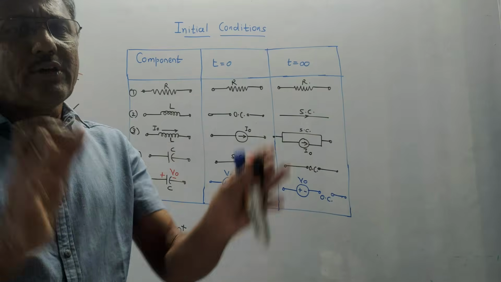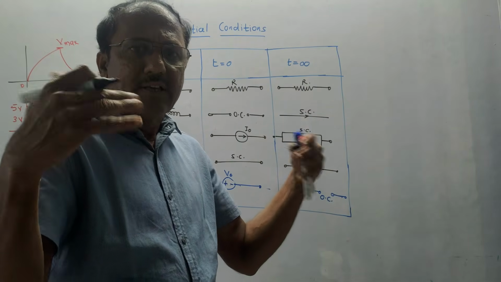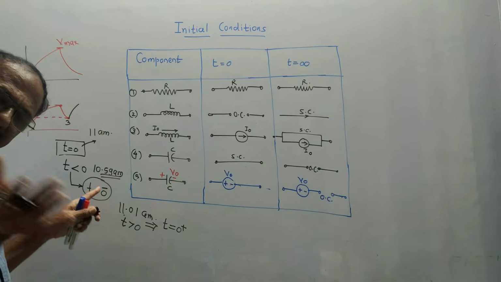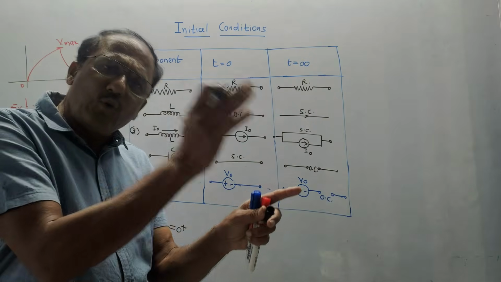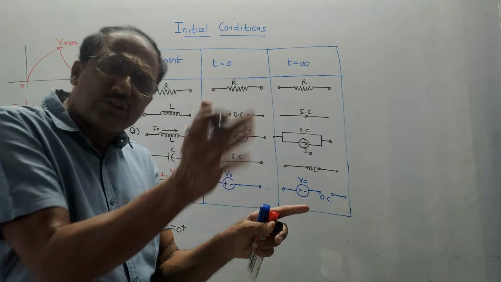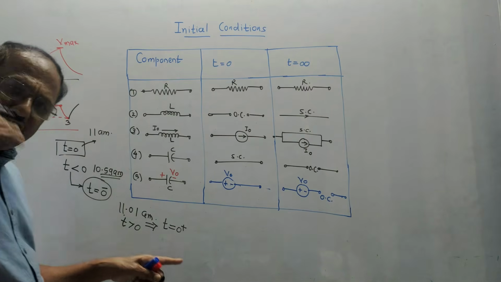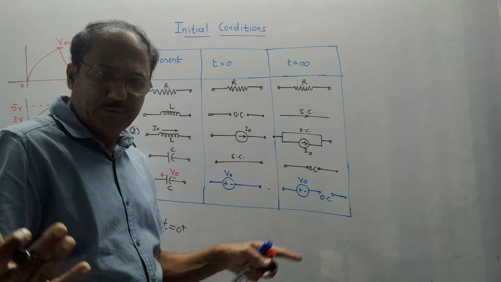T equals 0 is the instant at which you are performing some operation. T equals 0 minus represents the instant before closing a particular switch or before starting a particular experiment. T equals 0 plus is the instant just after starting a particular experiment.